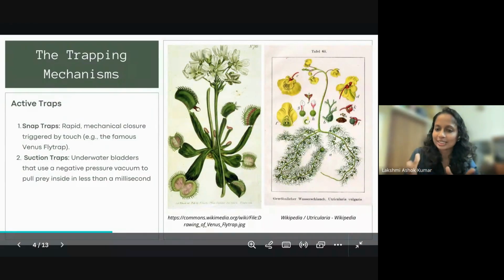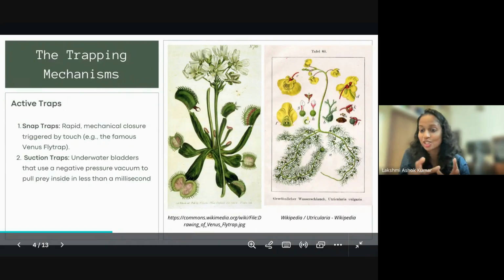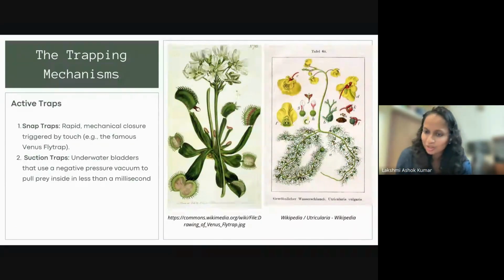And another example of an active trapping mechanism is the suction traps. You might have seen utricularias, these yellow blooming flowers. These belong to a plant called utricularia or bladderwort. These are aquatic carnivorous plants.